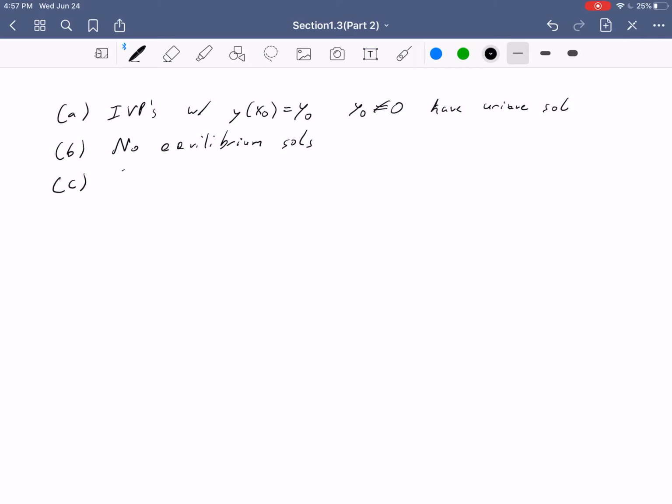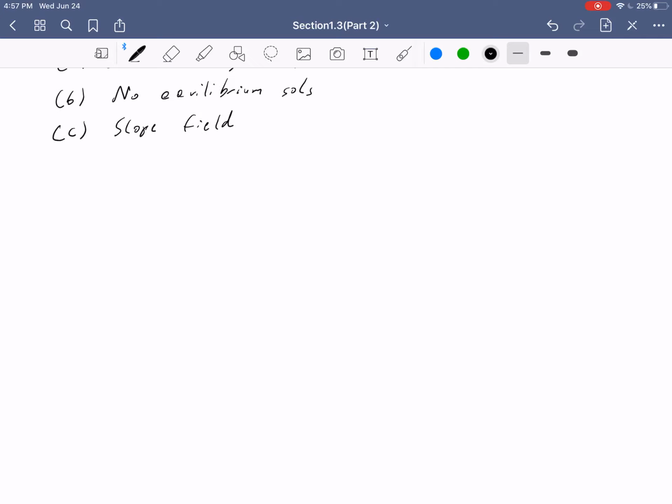So for C, we want to try to build this slope field. So for the slope field, we've got our axes there, and we'll give ourselves some points. 1, 2, 3, 4.